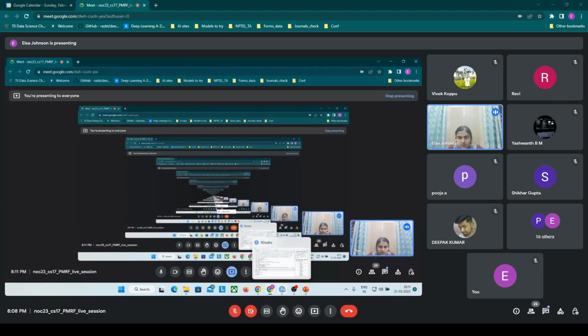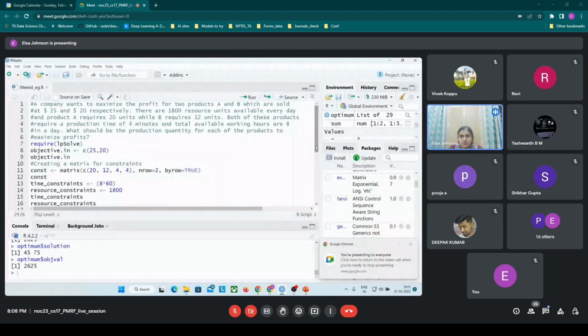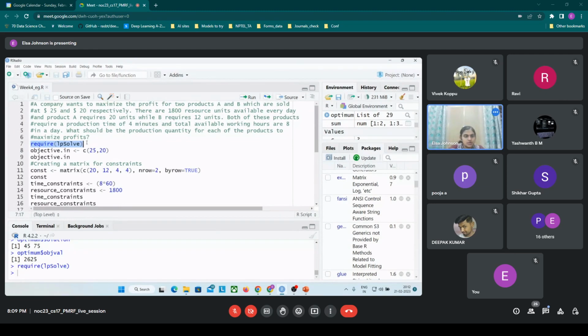Okay, I have already kept this. So this is the question. I hope you can see this one. Aditya, you asked, this is the library that you can use: lpSolve. First you have to install that and bring it to the console.